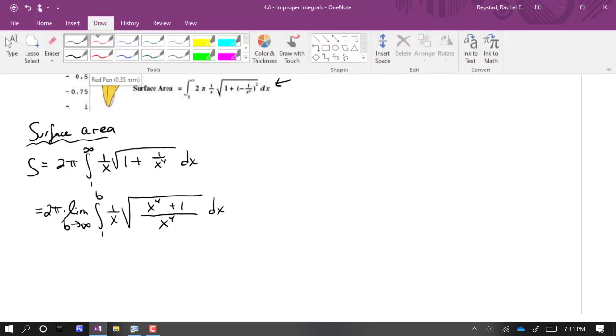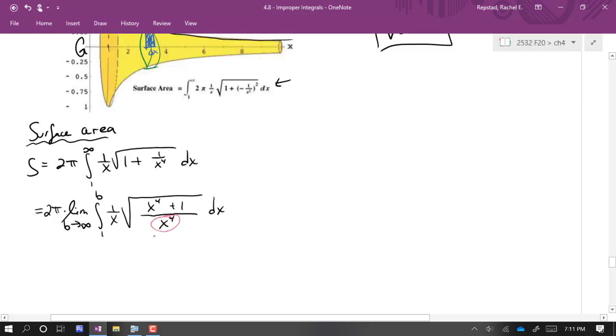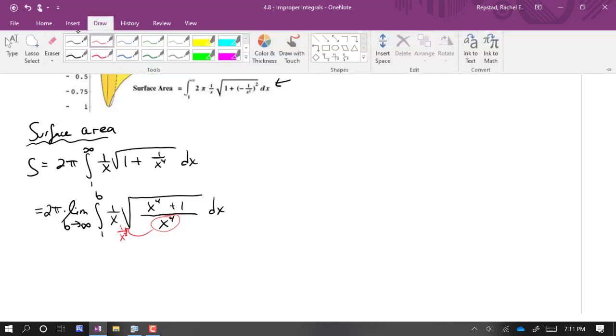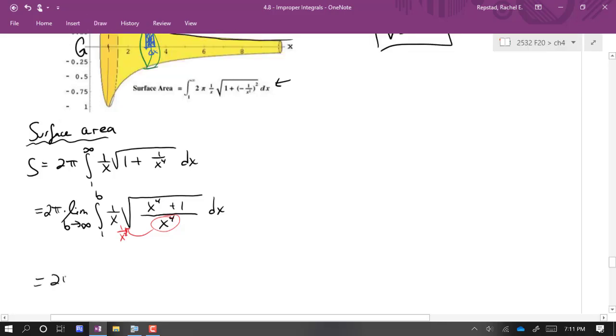This x to the 4th in the radical in the bottom, we're going to pull that out as a 1 over x squared. And so when we have that factor of 1 over x squared out there, it's going to buddy up with that 1 over x factor, so we've got 1 over x cubed. I'm going to write this as the square root of x to the 4th plus 1 over x cubed.